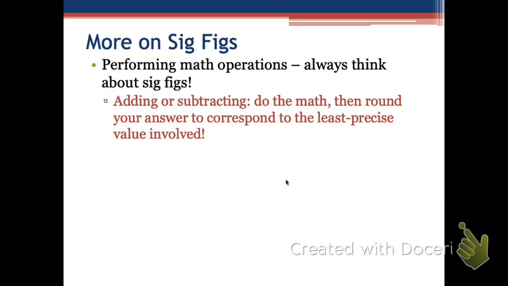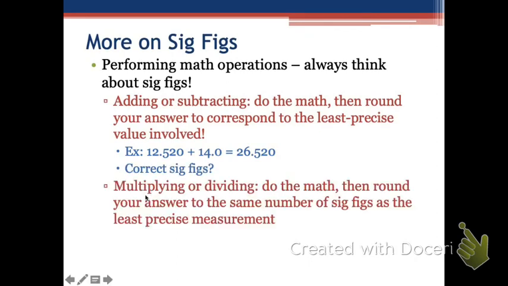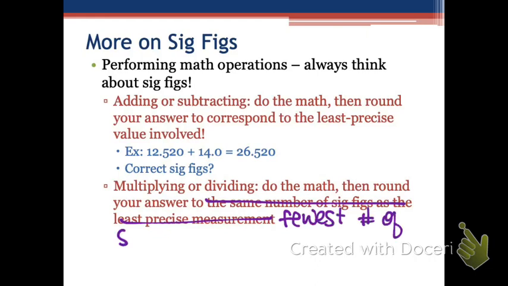Next rule is for multiplication and division. Okay, we already did an example, so that's fine. Multiplication and division, we do the math, then we round to the same number of sig figs as the least precise. I'm going to change the wording on that, actually. Round your answer to the fewest number of sig figs. Okay, I'll say it a little more clearly.